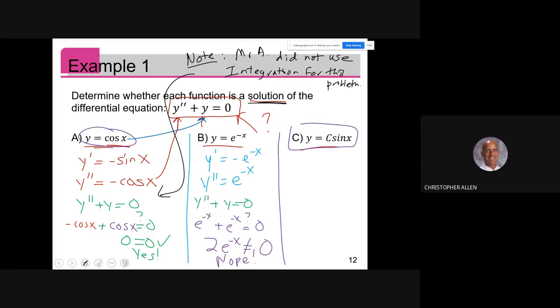I would like you to try to determine if C is a solution or not. Is it a solution?